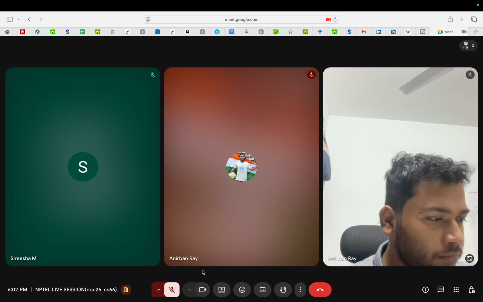Did not get the right one, I think. Getting 0.87. Anybody has any idea if I'm doing something wrong?